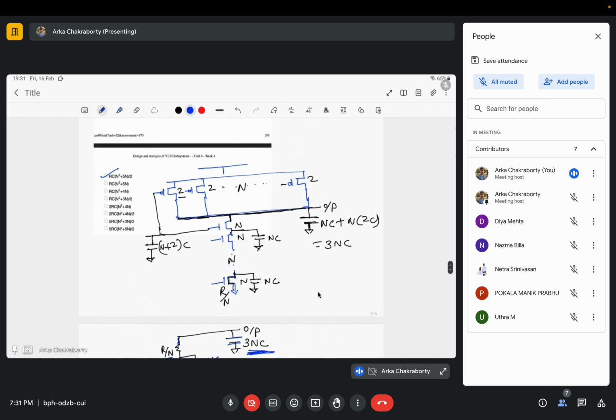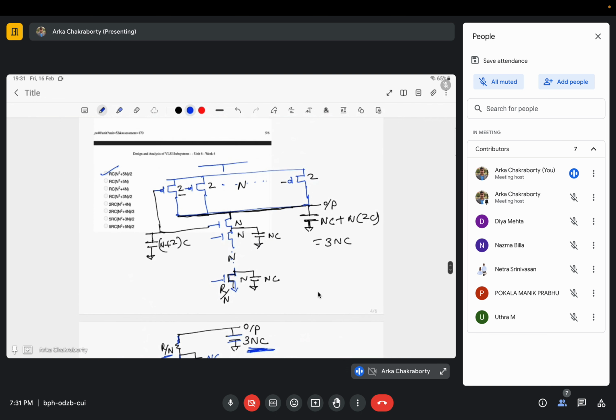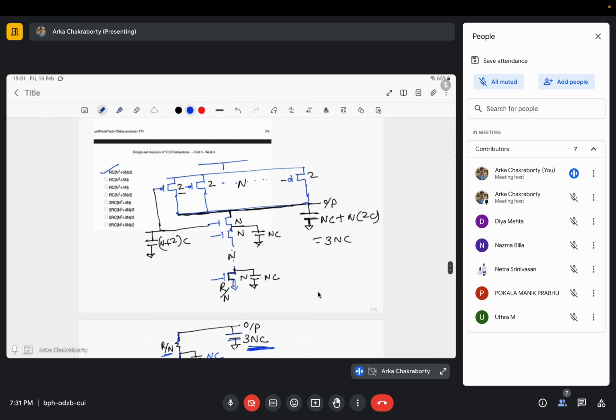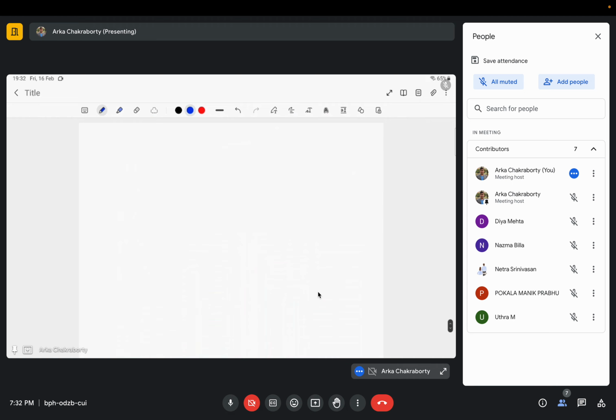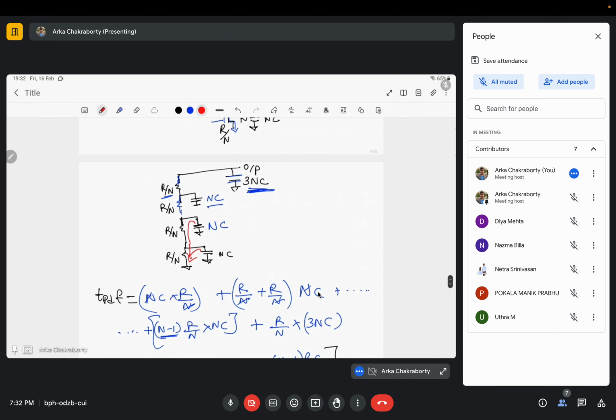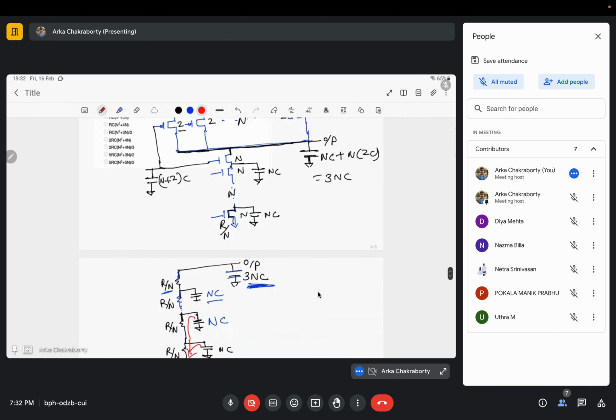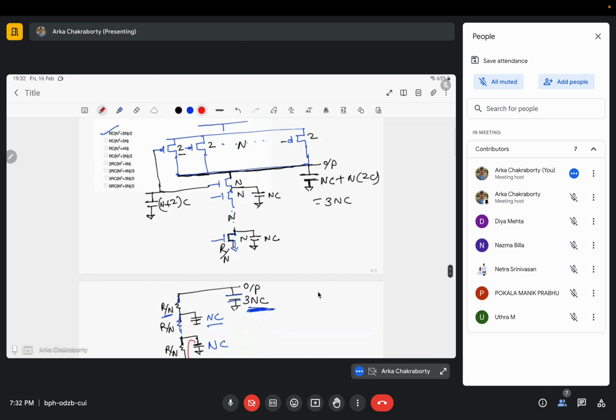See, for rise time it will be much simpler. Why? Because R would be R only. Okay, let me draw it here only, in a different color. This would be R. Okay, capacitance would be how much? 3nC.